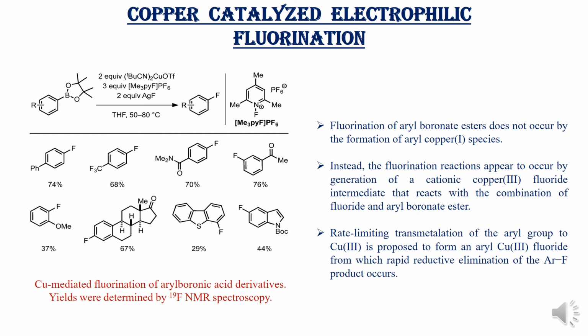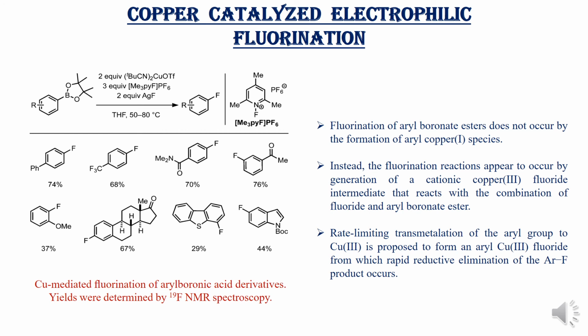Also, this is the yield of the different substrates. So it's also a substrate rich source for the electrophilic fluorination here. Instead of the copper 1 catalyst, the cationic copper 3 fluoride intermediate was used to react and to get the aryl fluoride compounds.